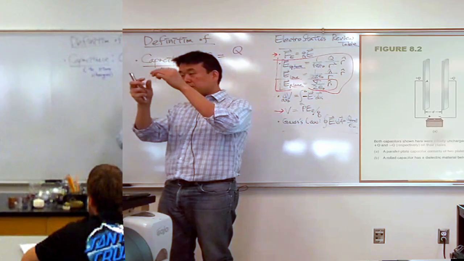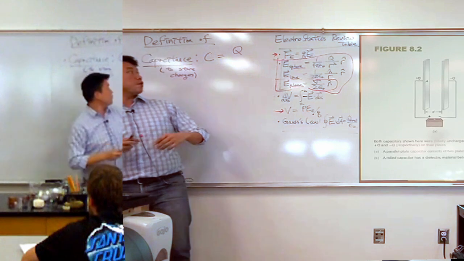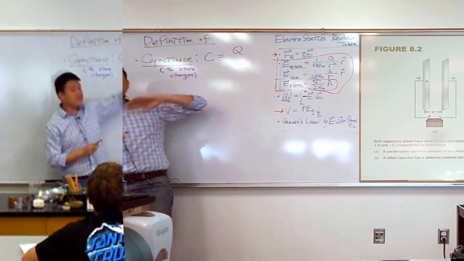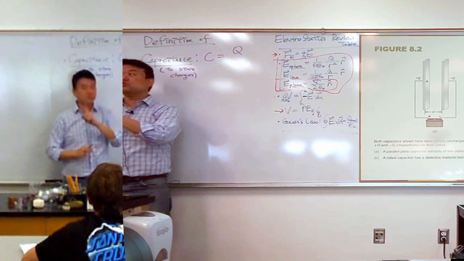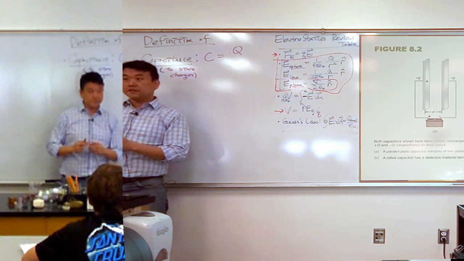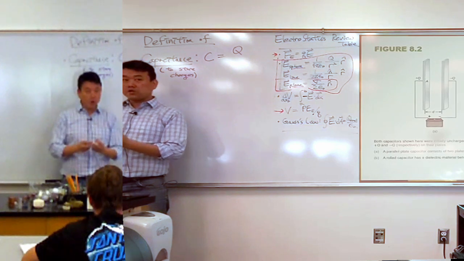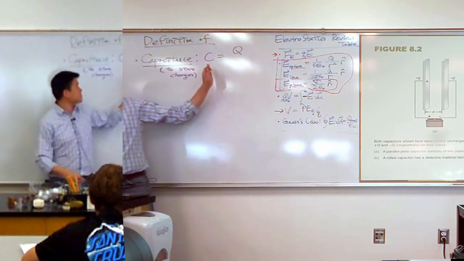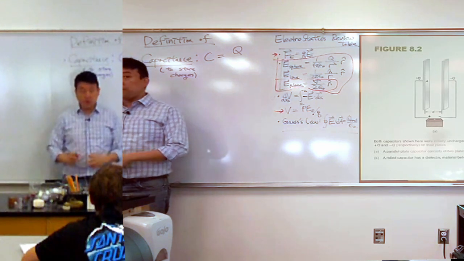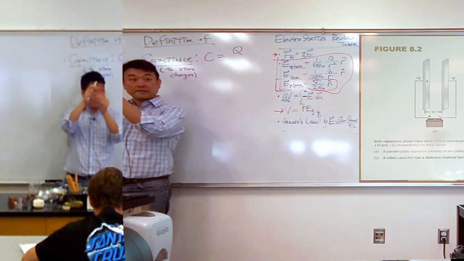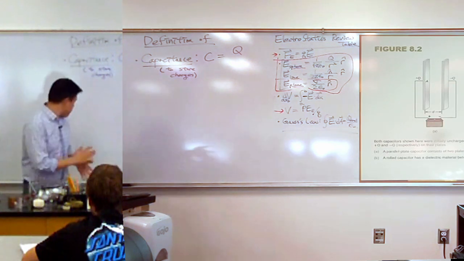So the amount of voltage that you apply is going to be one of the things that determine how much charge. So you have to decide, should I divide out voltage or multiply by voltage? Divide that out, right? Because the more voltage there is, the more charge you expect. So for capacitance, what you really want is the amount of charge per voltage, so that you can use that as a property of this device.